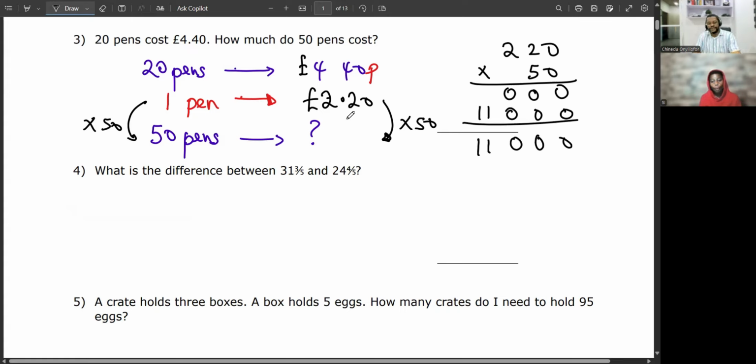Now, where does my decimal point go? I have 2 digits after the decimal point, so it's going to be here. So 50 pence is going to cost how much? £110.